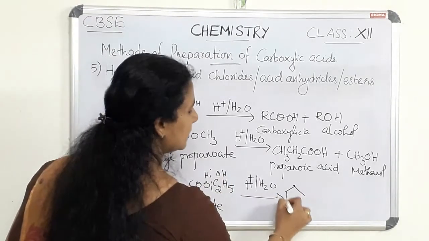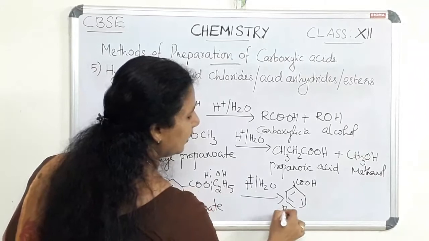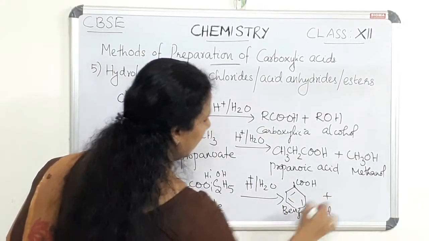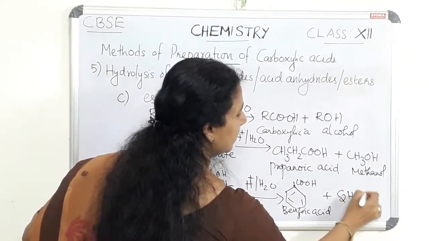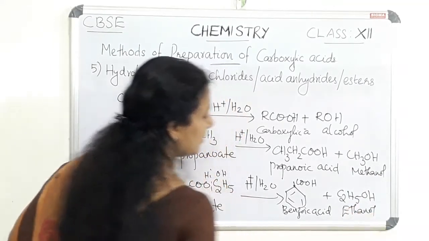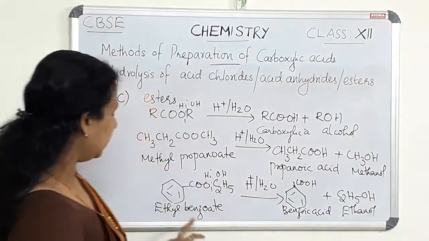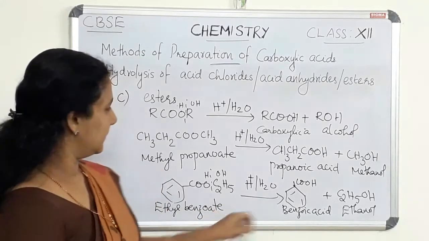So we will get benzoic acid as the main product, and the alcohol formed is C2H5OH, that is ethanol. So benzoic acid and ethanol are formed when ethyl benzoate ester undergoes hydrolysis.